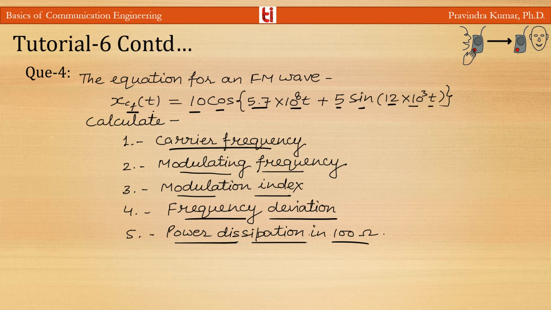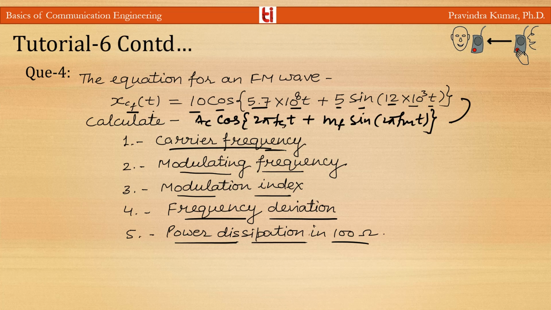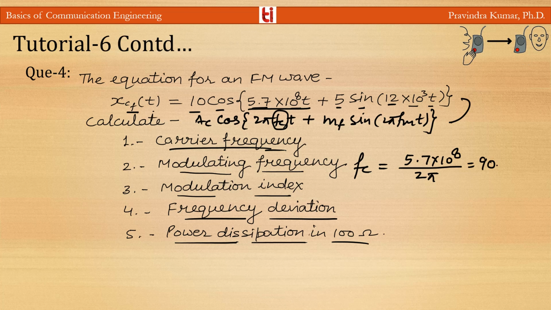We know the standard wave for FM is Ac cos(2 pi Fc t + Mf sin 2 pi Fm t). So after comparing these two equations, we can get the carrier frequency Fc. From this, Fc will be 5.7 into 10 to the power 8 by 2 pi, so it will be 90.71 megahertz.